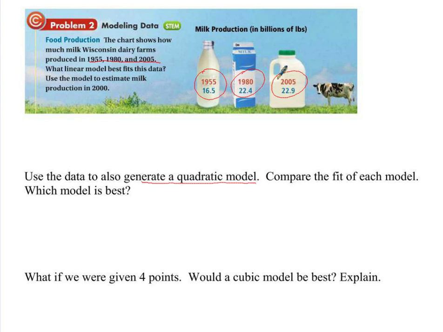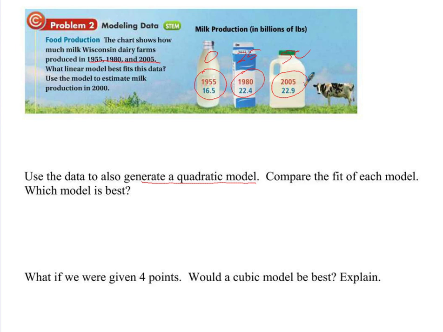Can I say 1, 2, and 3 here? No, because we're talking about years. That would be like year 1, year 2, year 3. That's not the case. We have 1955, 1980, and 2005. We could make this 0, which would make this 25, and then this one 50. We have that option. We could stick with 1955, 1980, and 2005.